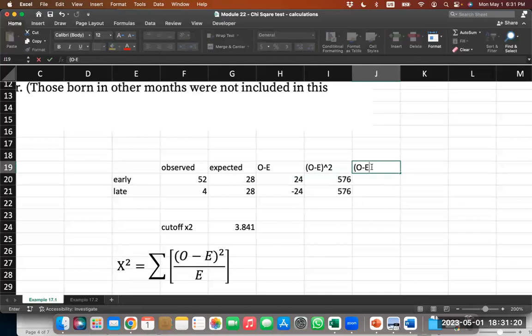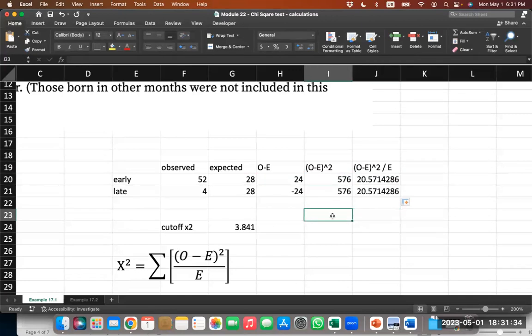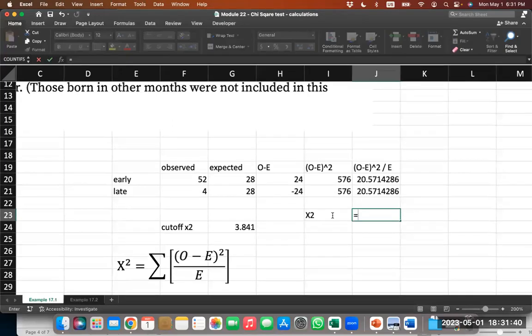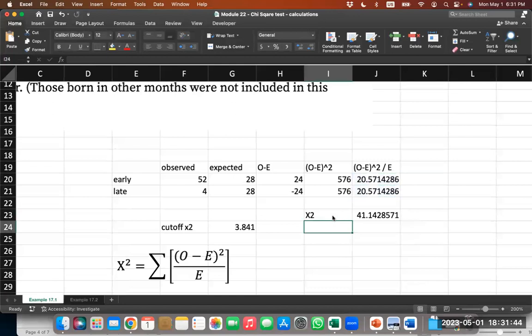So O minus E squared divided by expected is this divided by expected. That basically gives us 20.571. Now we just need to calculate the chi-squared as the sum of these two 20.571. That gives us 41.14. So that's how simple it is.